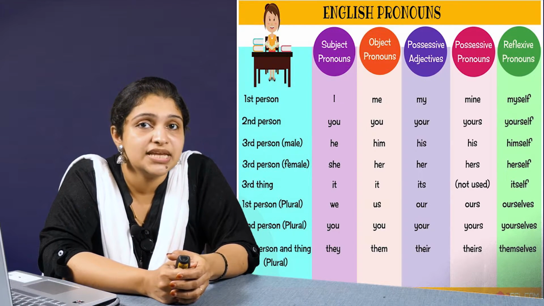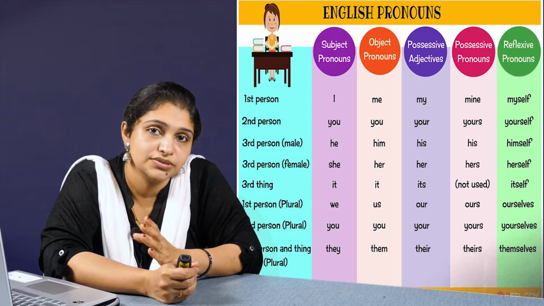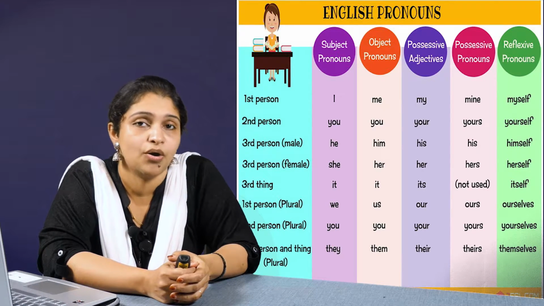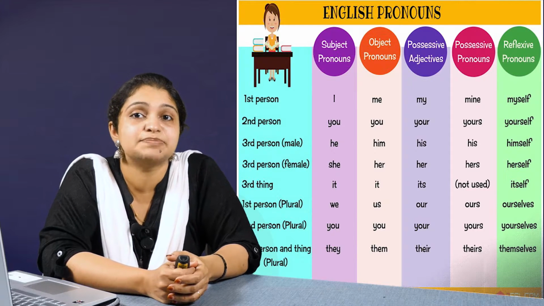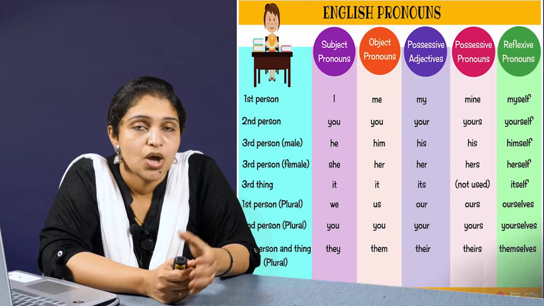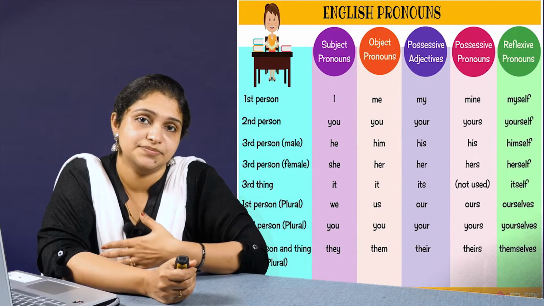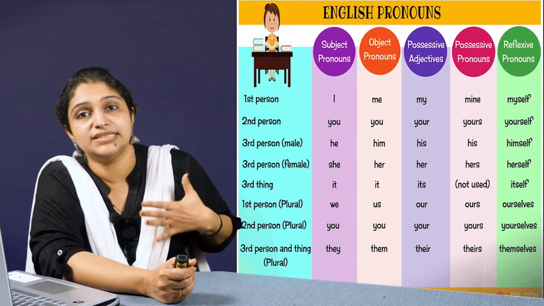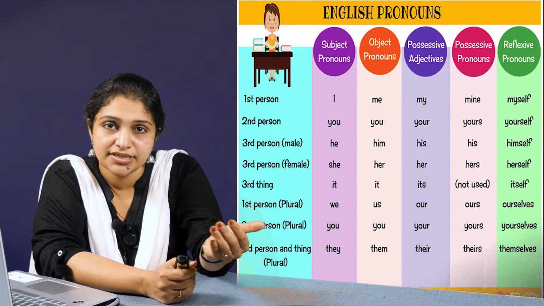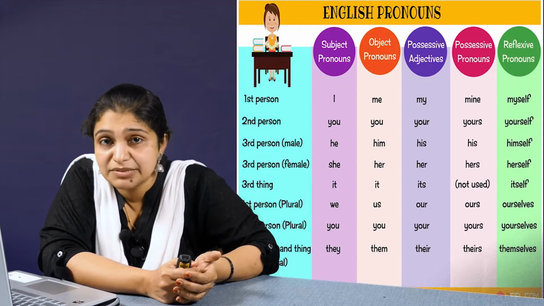Here, you can see different kinds of pronouns which can replace nouns in actual conversation or in any kind of speech or written documents. When I am talking to you, I say I. This is the first person. When I'm referring to you guys, it's you. You are the second person.